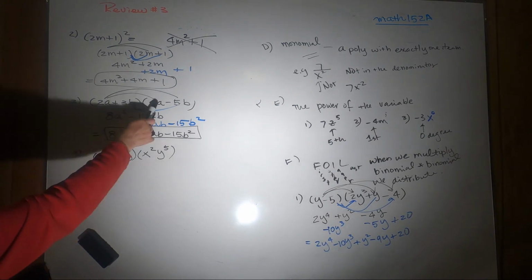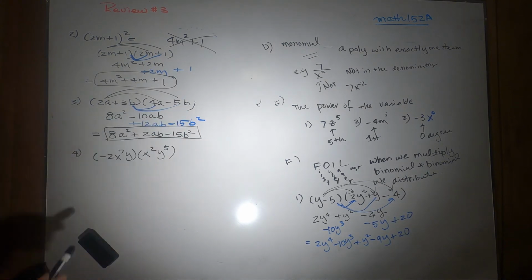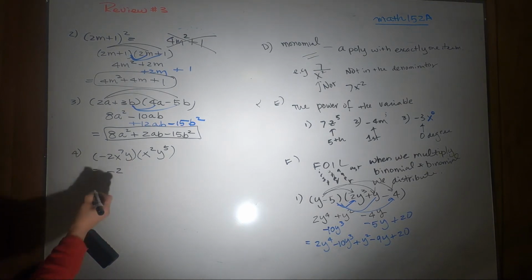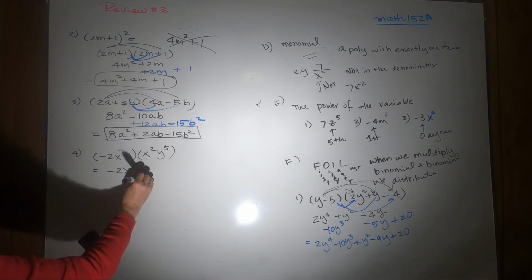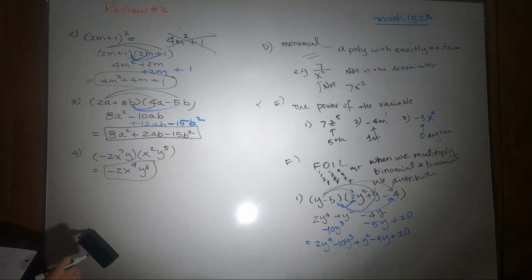Instead of 2 terms times 2 terms, you have 4 terms, then cleaned up, end up a trinomial. But this one, actually just a negative 2, right? How many x's? 9, 7 and 2. How many y's? 1 and 5, that would be 6. That's how you do, right?